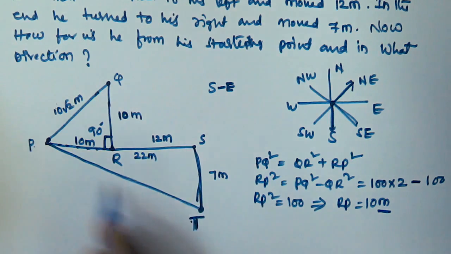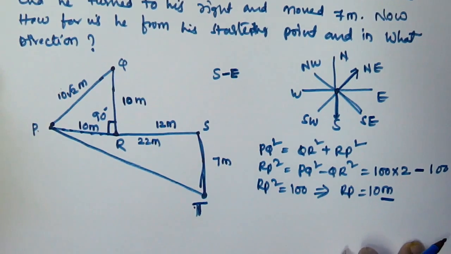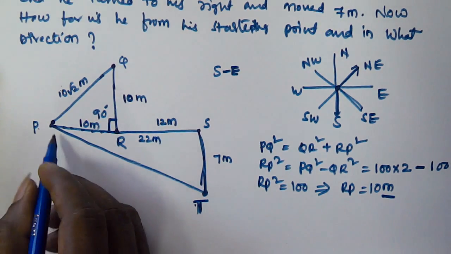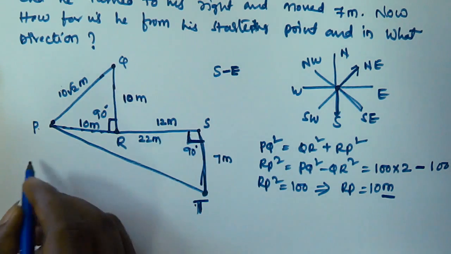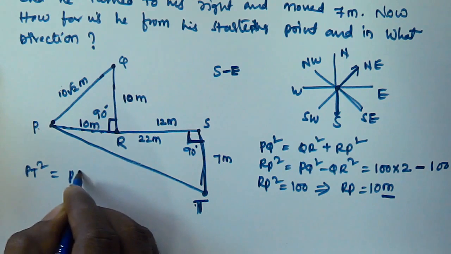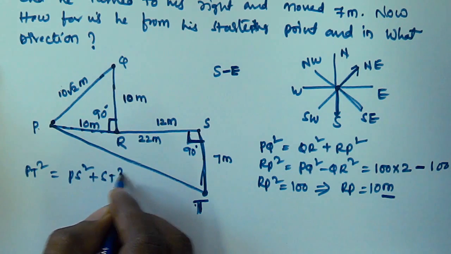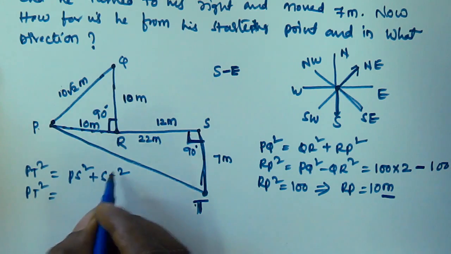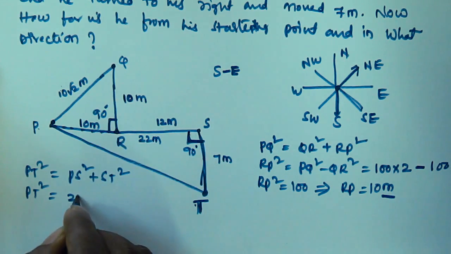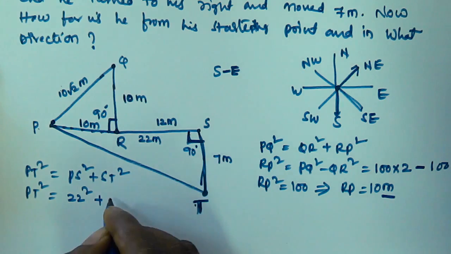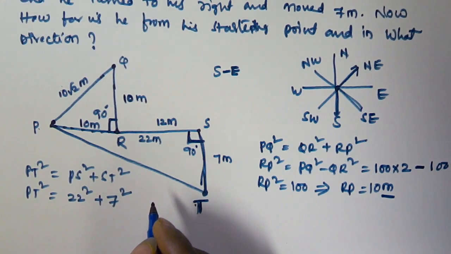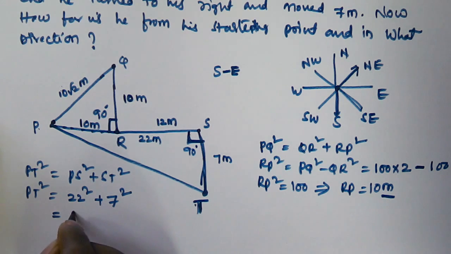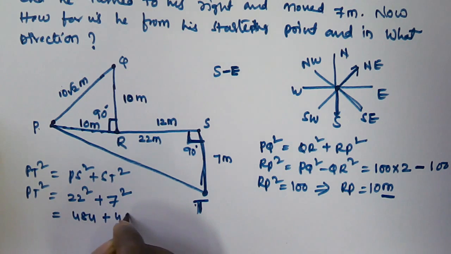So what is the distance PT? Again this is a right angle triangle, making 90 degrees at S. So PT square is equal to PS square plus ST square. PS is 22 meters and ST is 7, so PT square is equal to 22 square plus 7 square. 22 square is 484 and 7 square is 49.